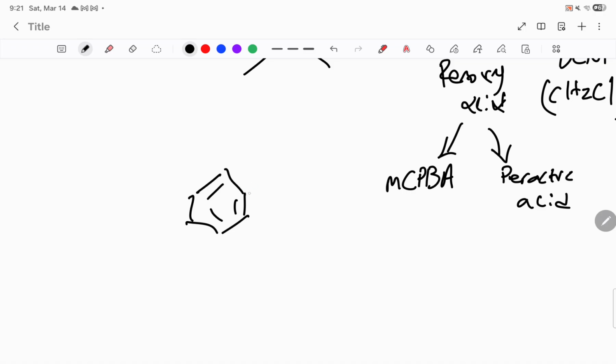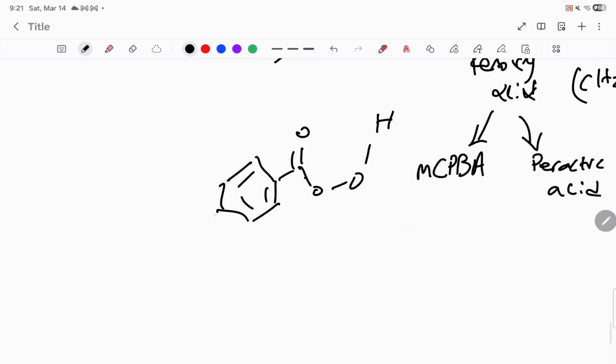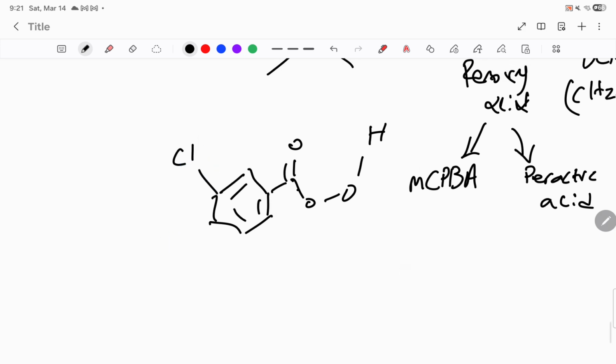So here is my OOH, and this is it right here. How do I know this? Well, because this is the ortho position.